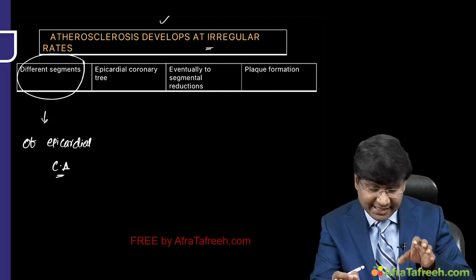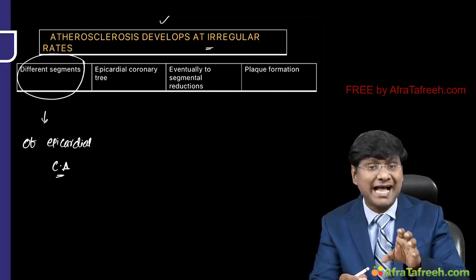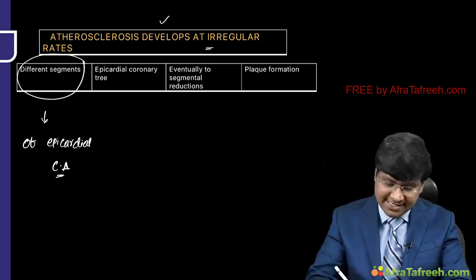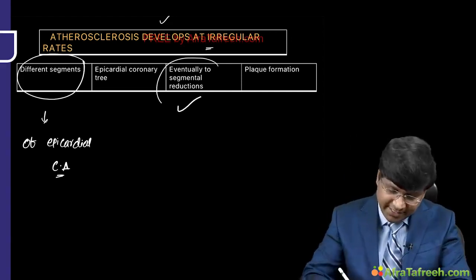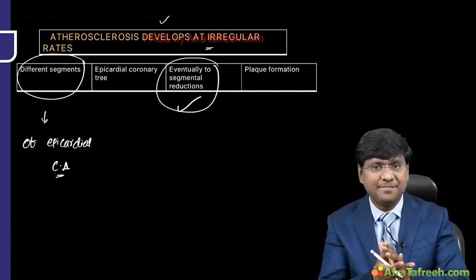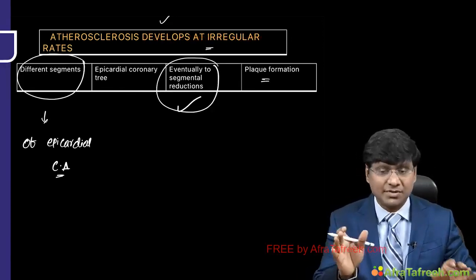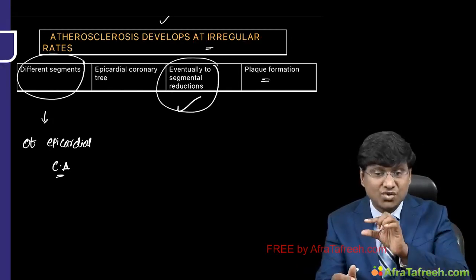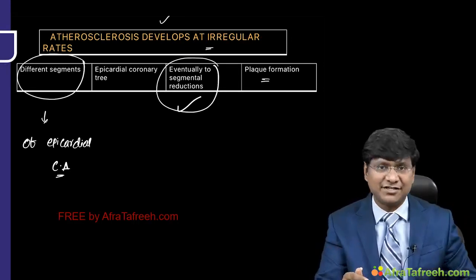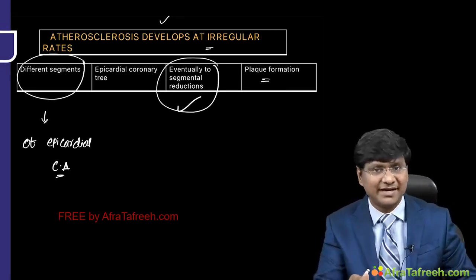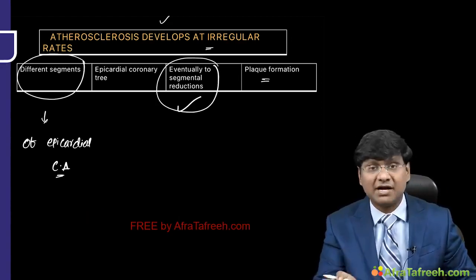And these different segments of atherosclerotic plaques in the epicardial coronary artery will lead to segmental reduction in the cross-section area, and that is nothing but the plaque formation. Okay, so basically the atherosclerosis is not happening in a diffuse manner in the blood vessel. It happens in a segmental fashion within the epicardial coronary tree, right? And thereby the cross-section area will be reduced, and that is what is being done by your plaque formation.